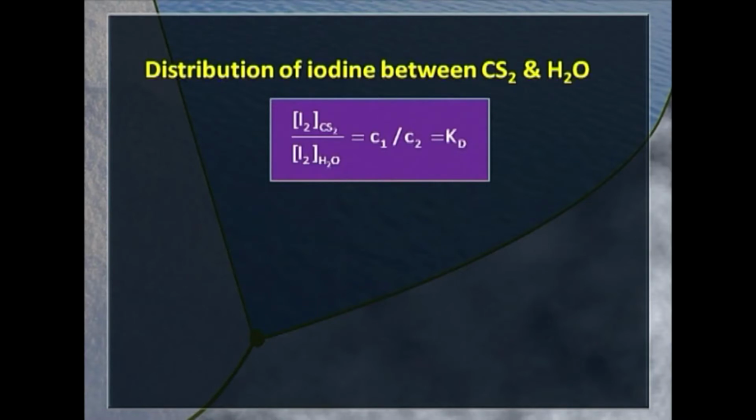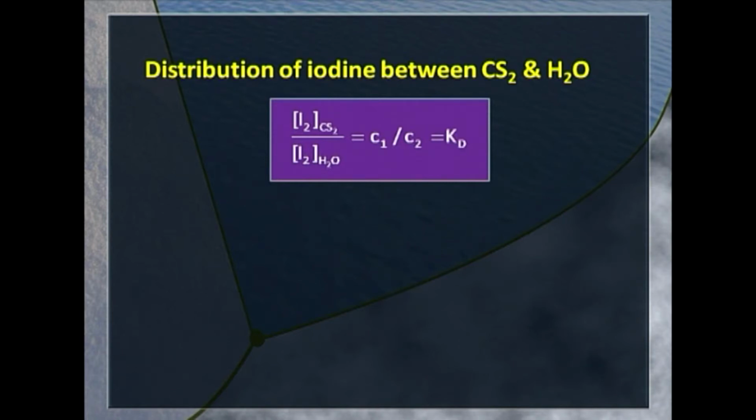Several such studies were done later, each involving a pair of immiscible liquids and different solutes, and more or less similar results were obtained. The results obtained by Berthelot and co-worker is of this type. Concentration of iodine in carbon disulfide layer divided by concentration of iodine in water layer is equal to C1 by C2.